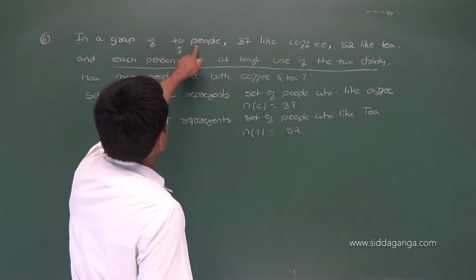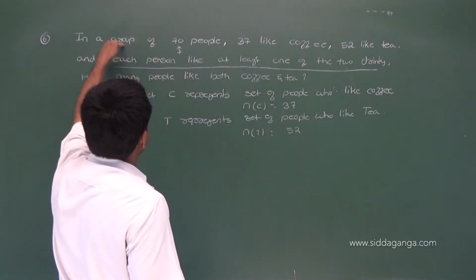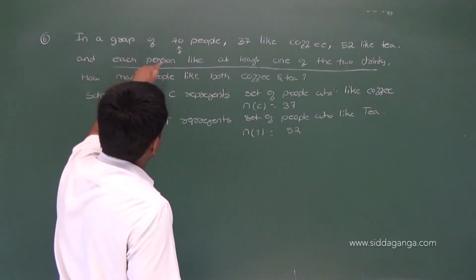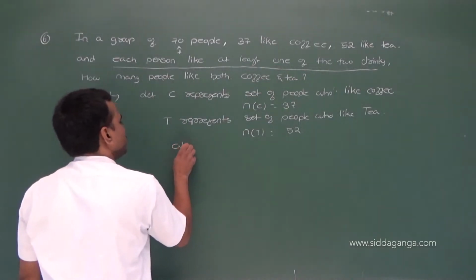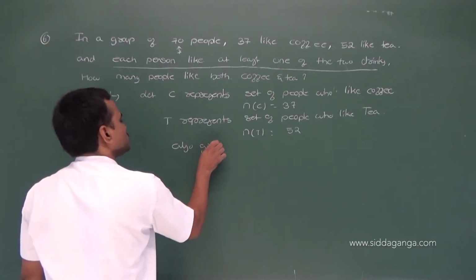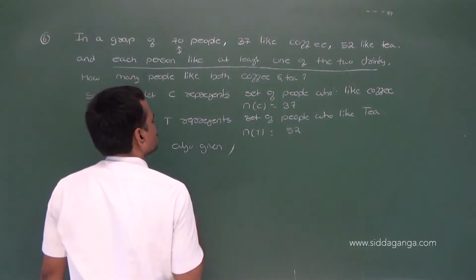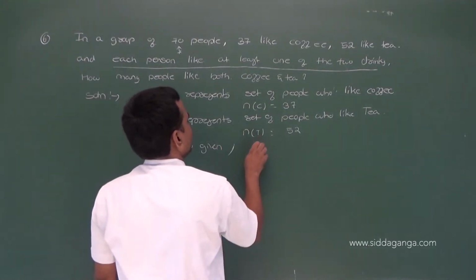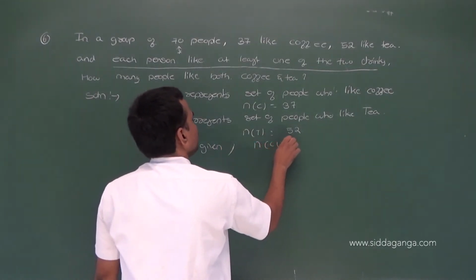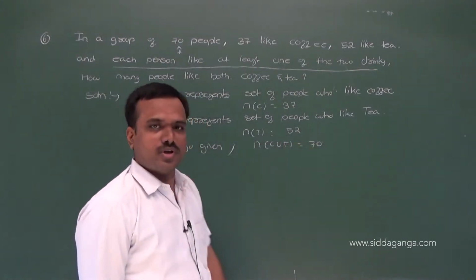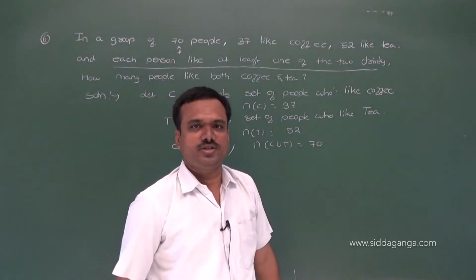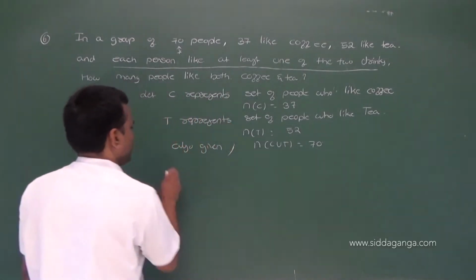In a group of 70 people, each person likes at least one of the two drinks, which is also given. N of C union T is equal to how much? 70. Correct? To find.